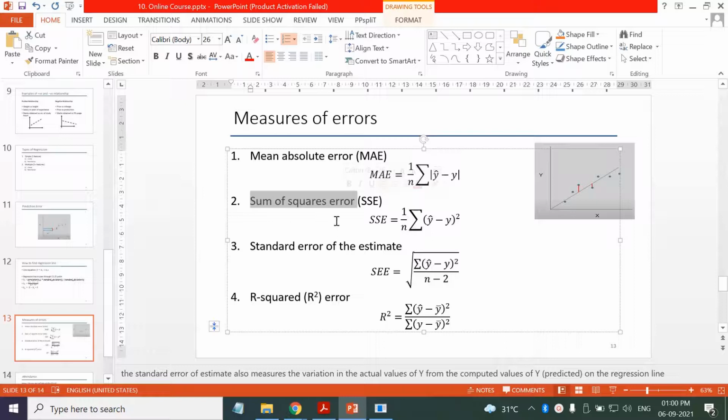That is the sum of squared error. Similarly, we may find the SEE value, that is the standard error of the estimate, and we'll discuss these two measures in the next class. And the widely used metric is the R square error. I will tell you the significance of the R square value, which varies from 0 to 1, in the next class.